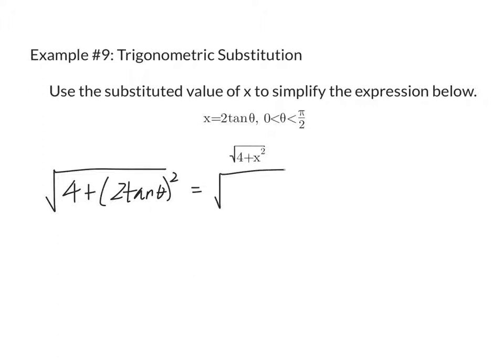So that would give me the square root of 4 plus, if I square both the 2 and the tangent theta, that gives me 4 tangent squared theta. Okay, from there, we should take out a greatest common factor of 4.